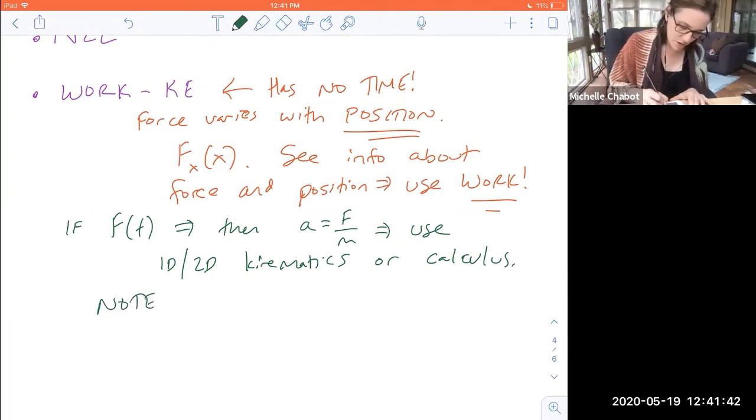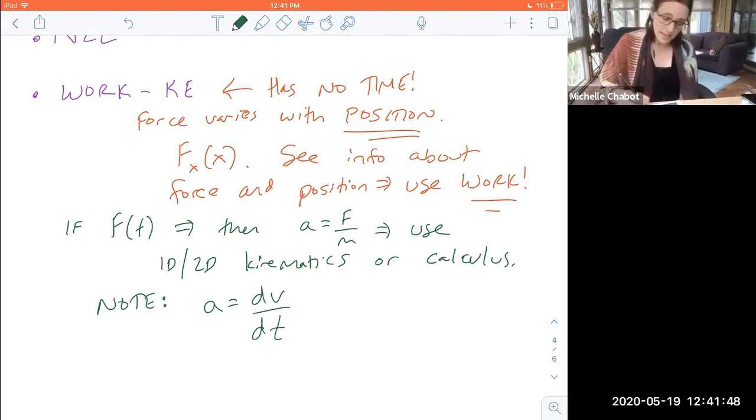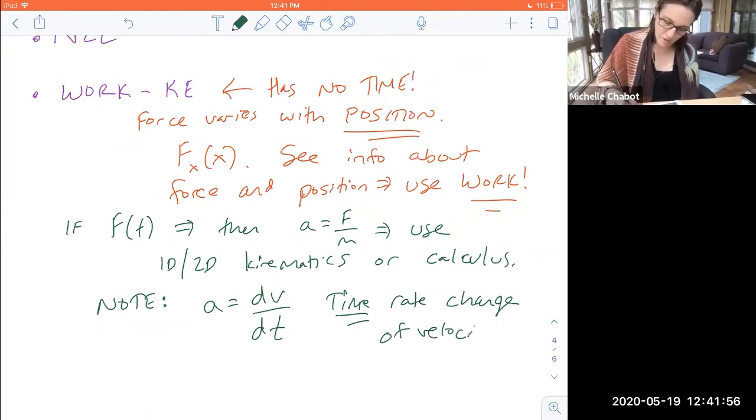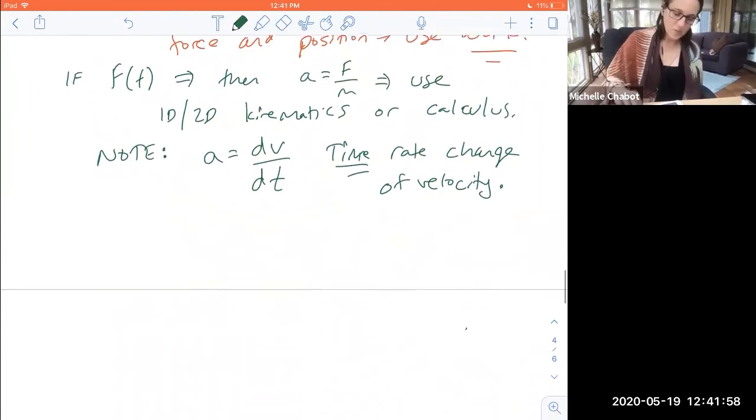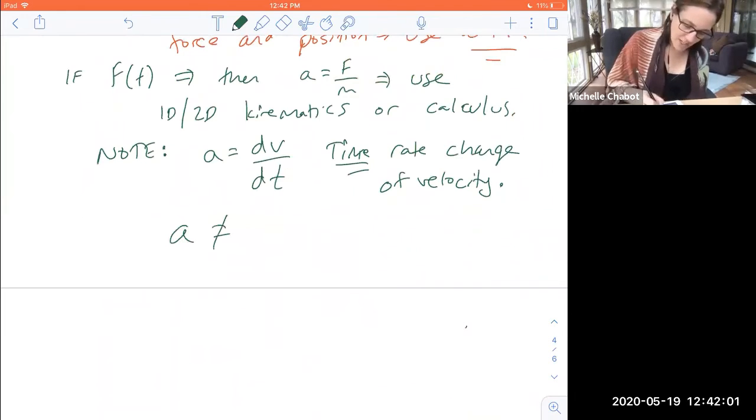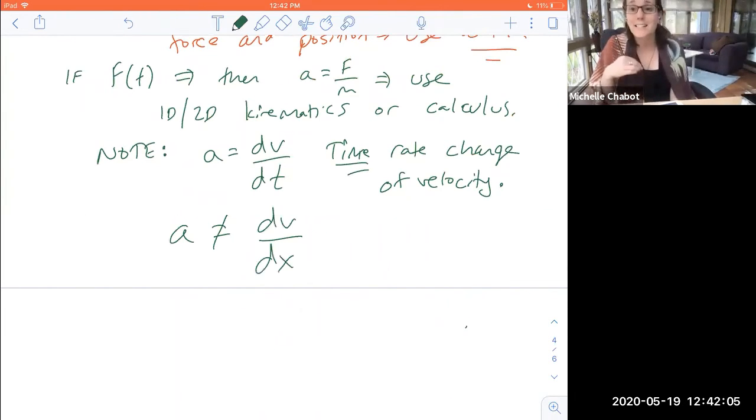It's very important to note that acceleration, for example, is dv/dt. It's the time rate of change of velocity. So acceleration is not equal to dv/dx, right? It's not the position rate of change of velocity. That's not true.